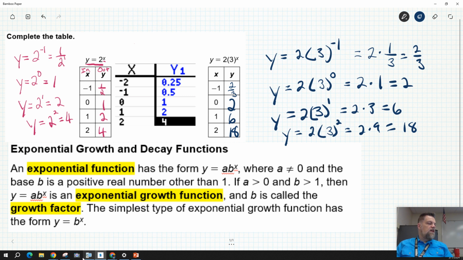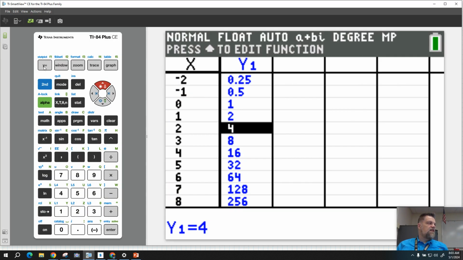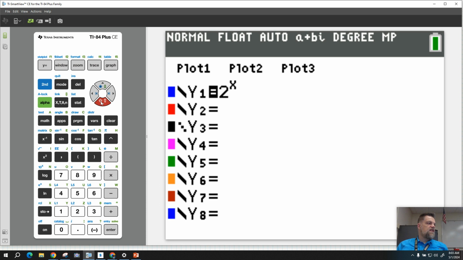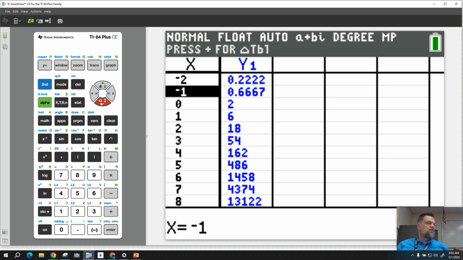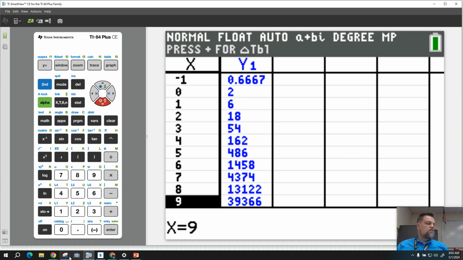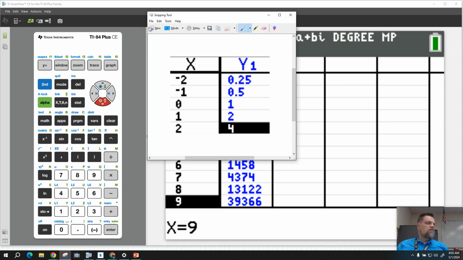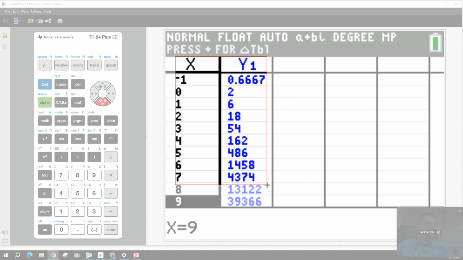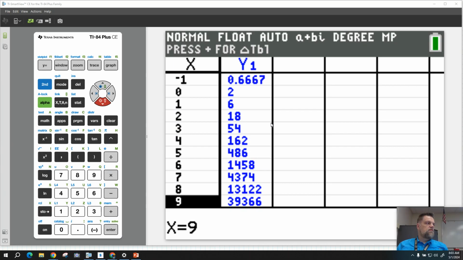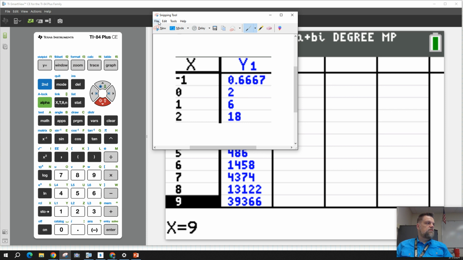Okay. And so if I come in here and change it, let me just change it in here. Times 3 raised to the x. Now when I look at my table, I know that.